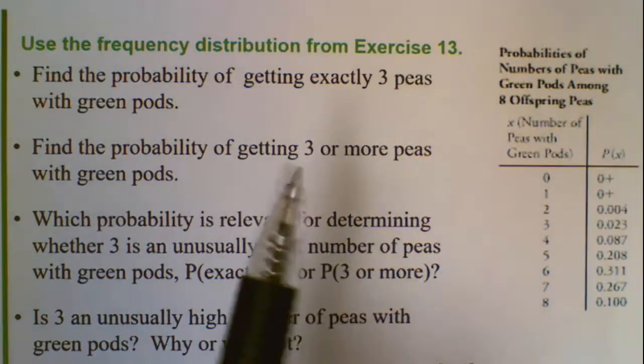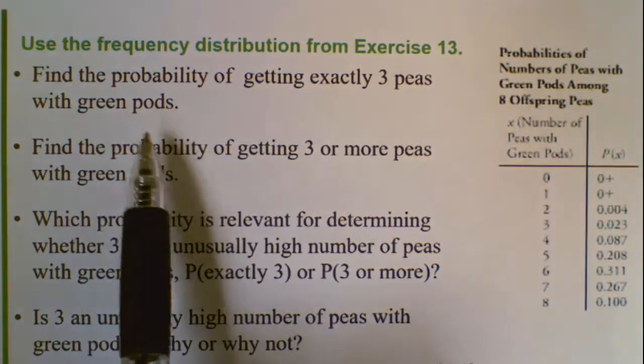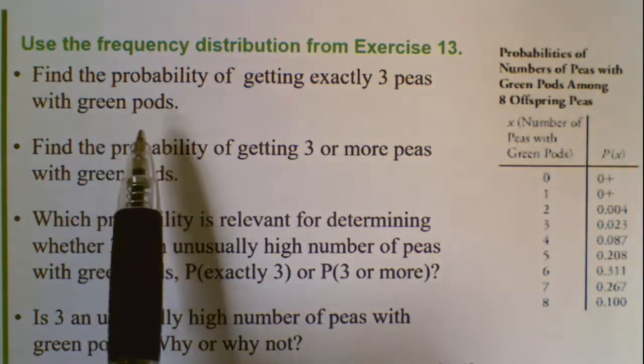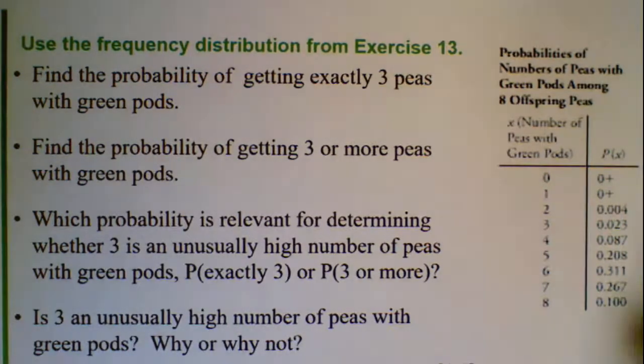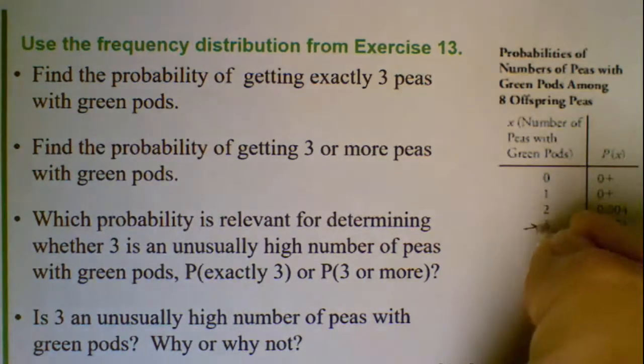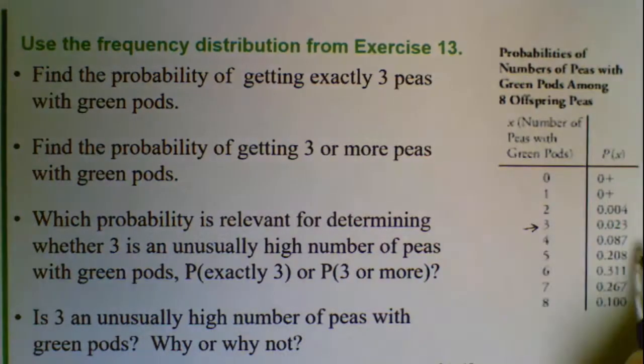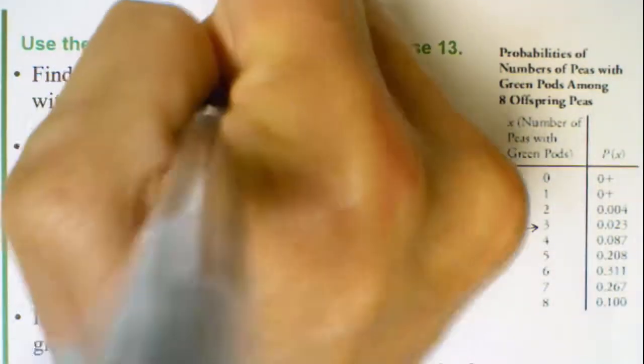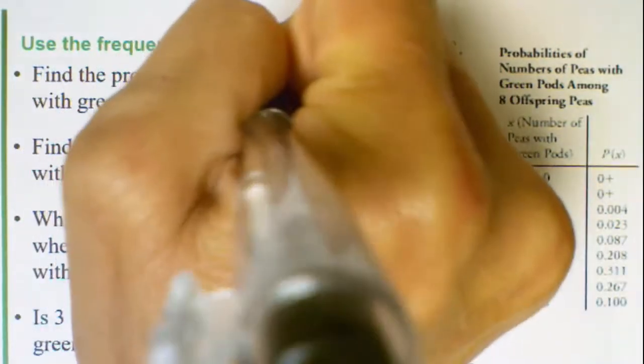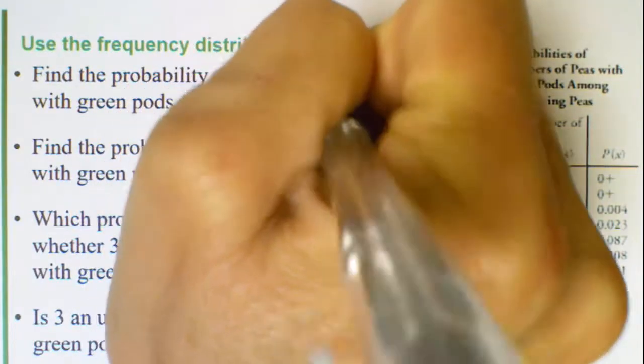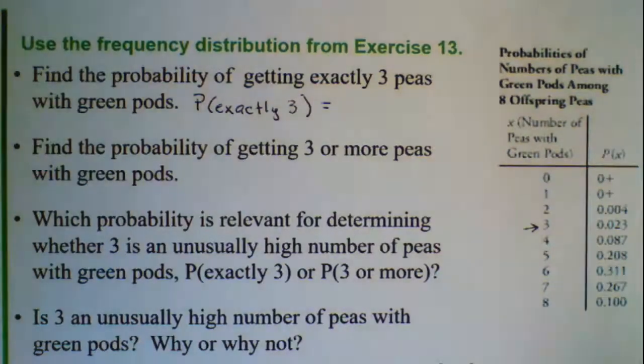And so we want to find the probability of getting exactly 3 peas with green pods. We can read that straight off of the table. Here's 3 out of 8, and the probability of exactly 3 is 0.023.